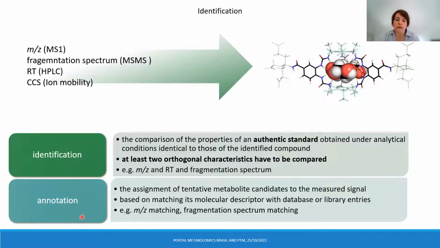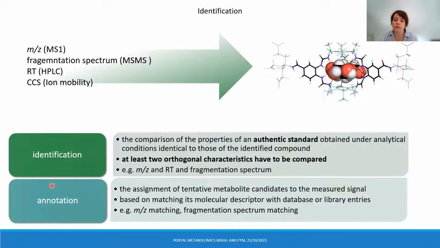Another term that is very important is annotation. To annotate something means to compare the properties of a particular ion that we are trying to annotate with libraries, with databases, with something that is not originating from an authentic standard.